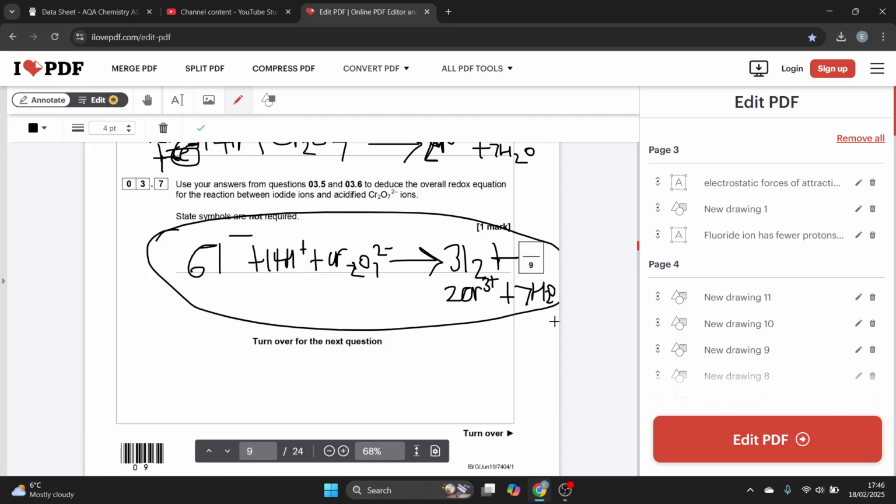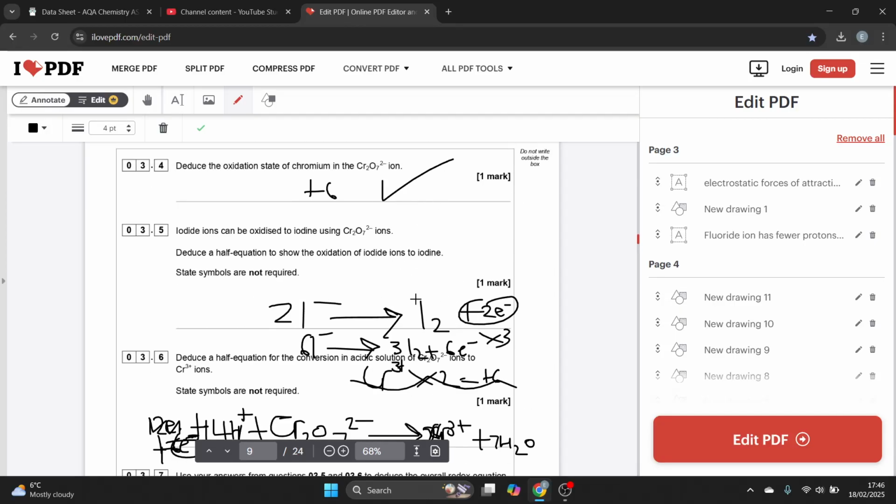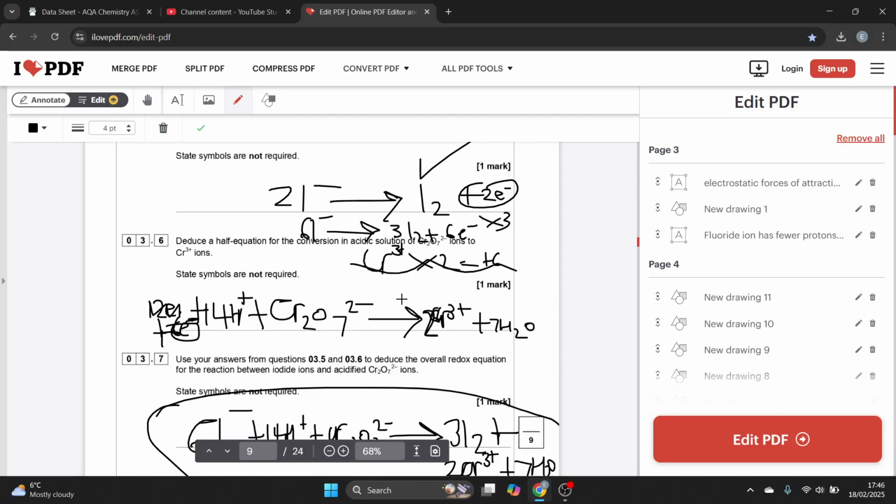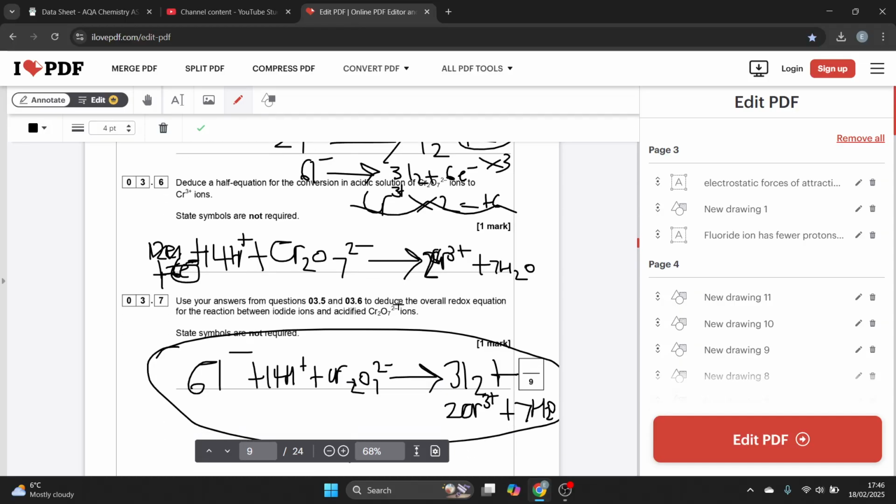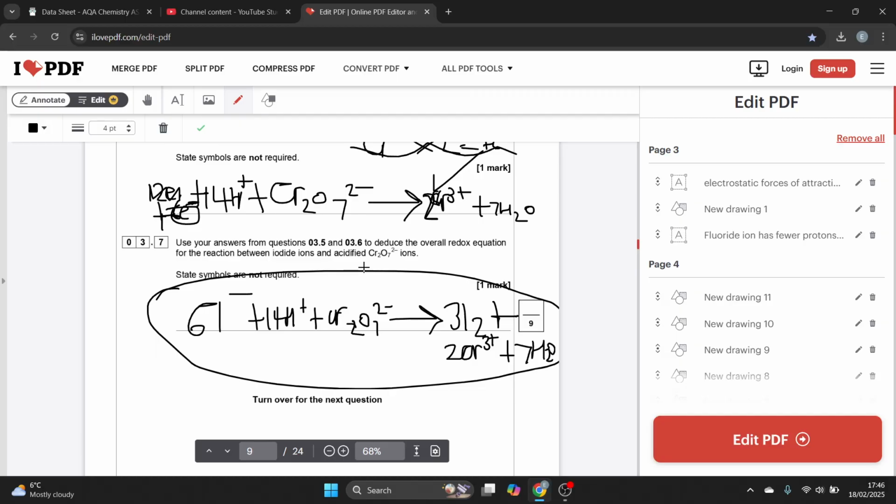In some cases, you've got water molecules on the left and right side, so you need to cancel them out. But in this case, it's fine. So 6I minus plus 14H plus plus Cr2O7 2 minus to form 2Cr3 plus plus 7H2O plus 3I2.